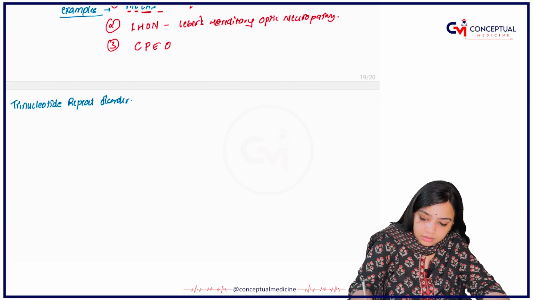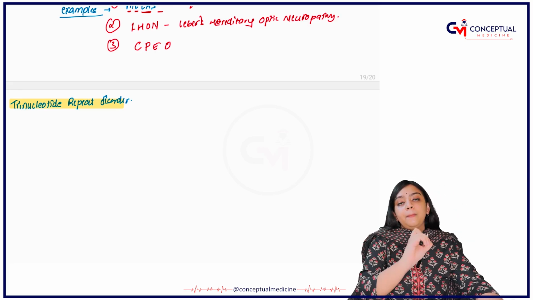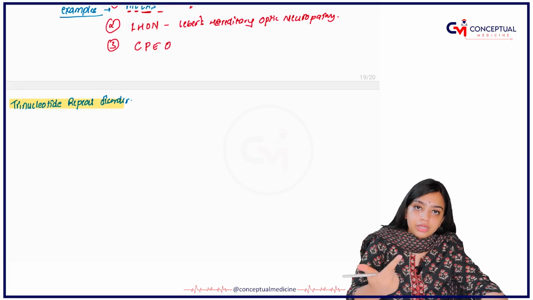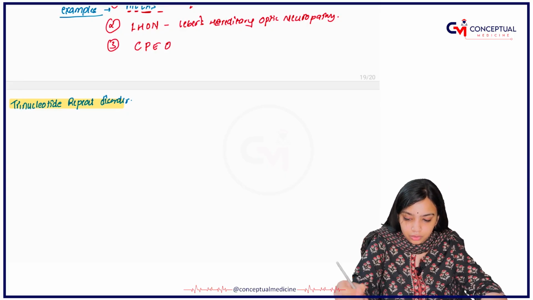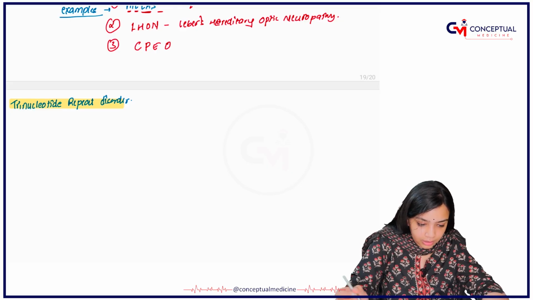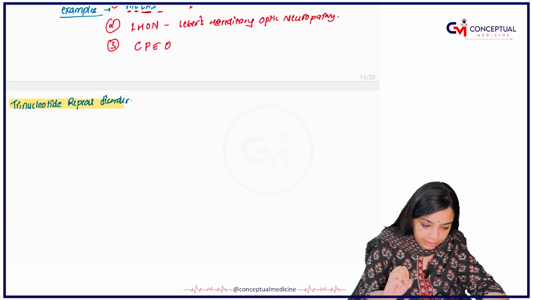Now, as the terminology suggests, trinucleotide means something related to the number 3 is there. Okay, there are 3 alphabets which you need to remember in each and every disorder. Okay, it is basically a repetition of the trinucleotide.